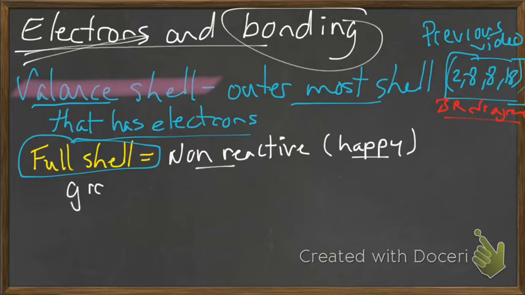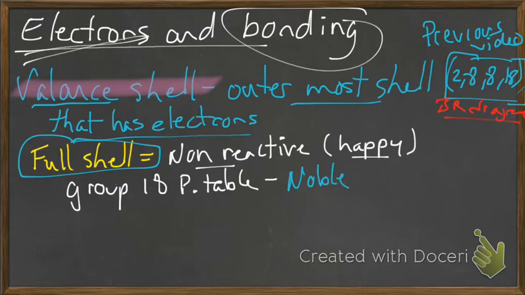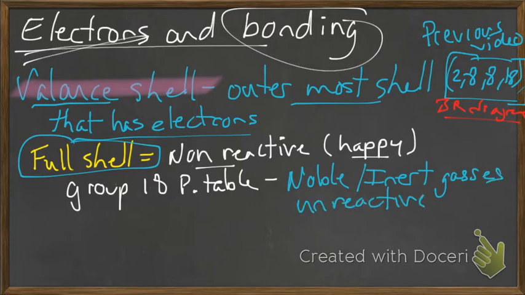If we recall group 18 of the periodic table, these are called the noble gases, or inert. And they were unreactive. I'm not sure if the right way of saying it is non-reactive or unreactive. I'm going to go with both because I think it's okay. Correct me if I'm wrong. If you think about group 1, I'll write this in red because red's a bit of a more aggressive color.